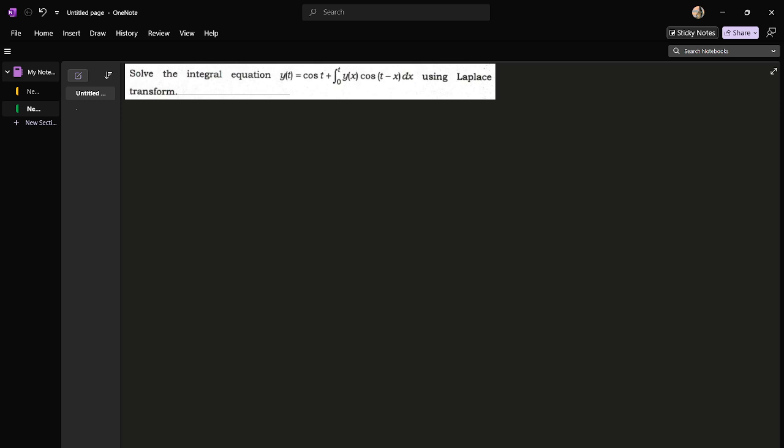Firstly, we have to know that by the convolution method, the integral can be written as y(x) convoluted with cos x.